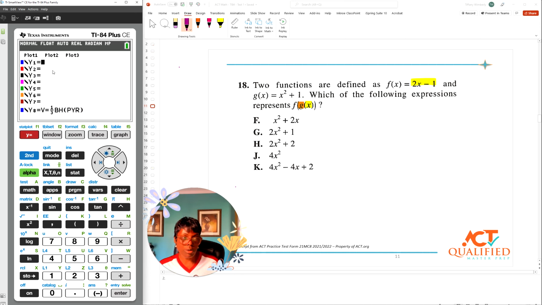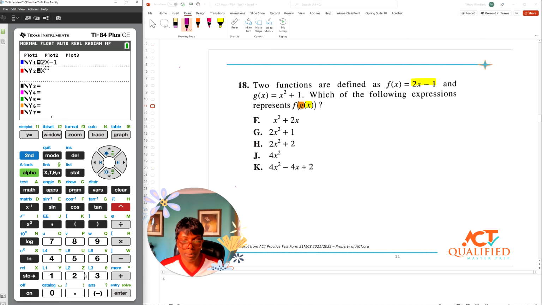We're going to plug these two functions into y1 and y2 respectively. So that is f of x, and g of x is x squared plus 1. Now that we have both functions stored into y1 and y2, I just need you to make a note on your test paper that this is y1 and this one is y2.